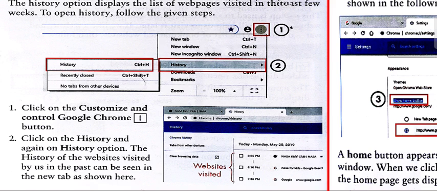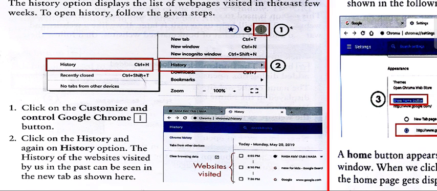If you want to open the history, then you need to click on the three dot button. Then click on the history, and again on the history option, the history of the websites visited by us in the past can be seen in the new tab as shown here.